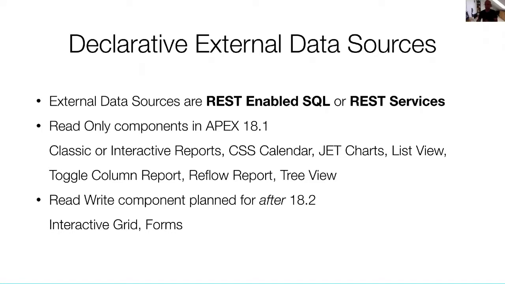Because that's what we are used to. Since the very first release of Apex, HTMLDB, back in 2004, the data source of every Apex component, whether it was a report, a form, a chart, or whatever, it always was a table, view or SQL query. It always was the local database.